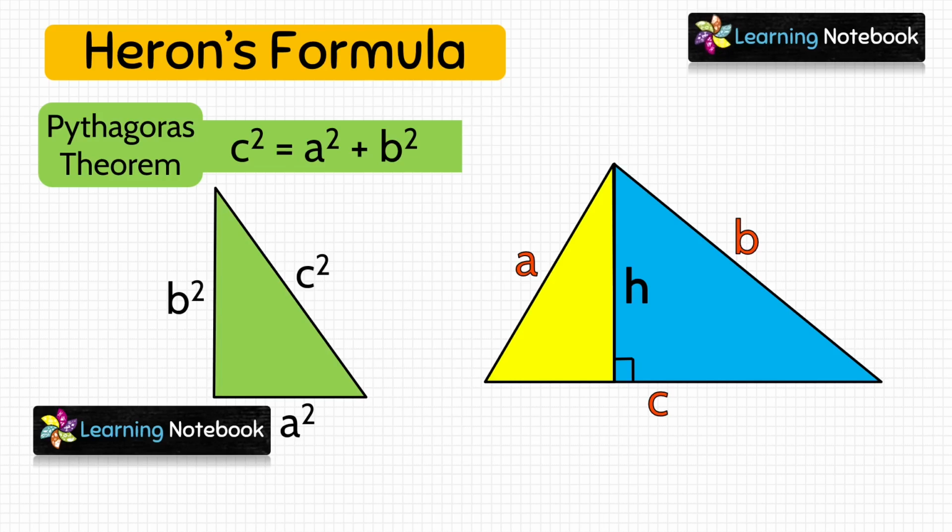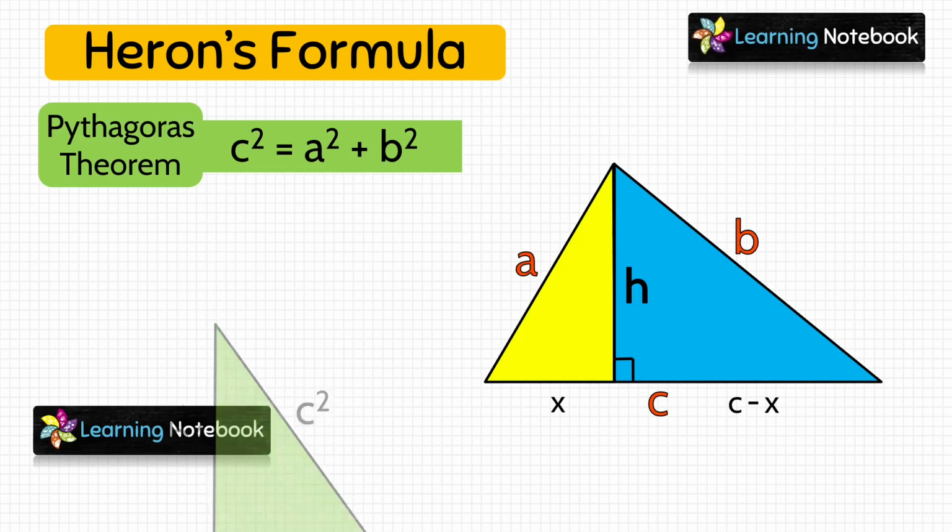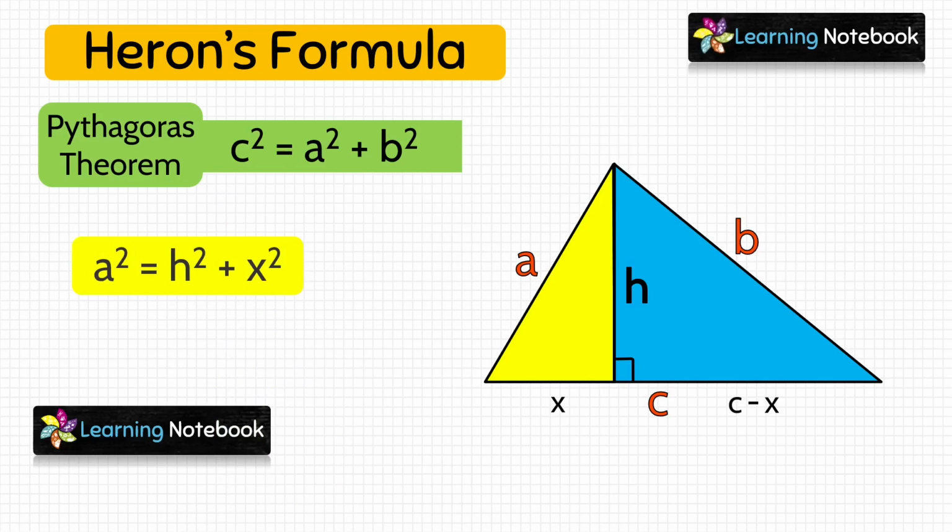So students, let the base of the yellow triangle be x. So the base of the blue triangle will be c minus x. And let's apply Pythagoras theorem to both the yellow as well as the blue triangles.